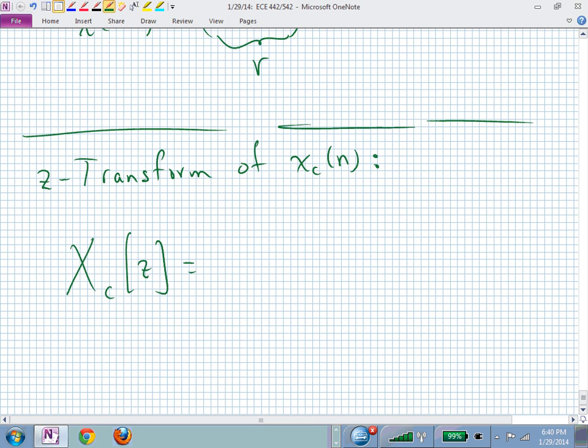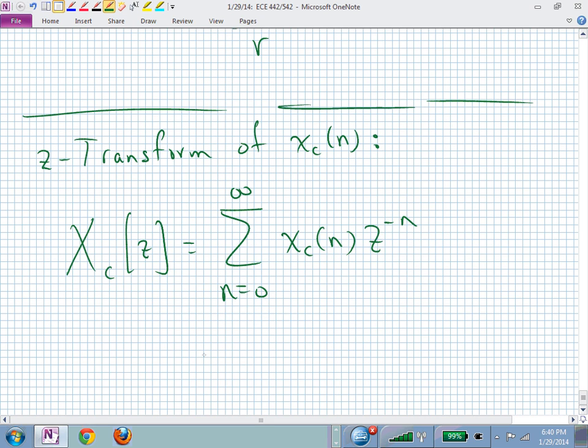That's capital X sub c of z, which is the sum from little n equals 0 to infinity of little x sub c of n, z to the minus n. That's just x sub c of 0 plus x sub c of 1, z to the minus 1, plus x sub c of 2, z to the minus 2, and that just keeps going.